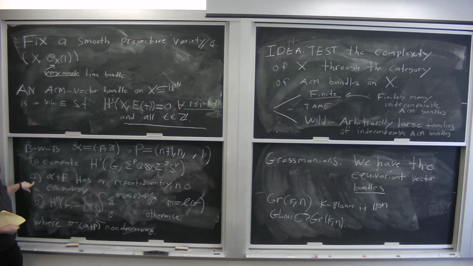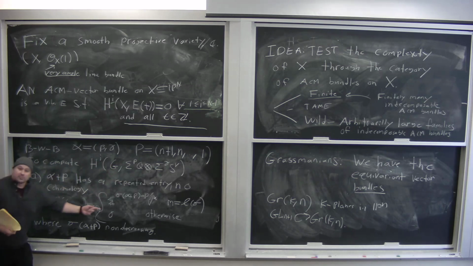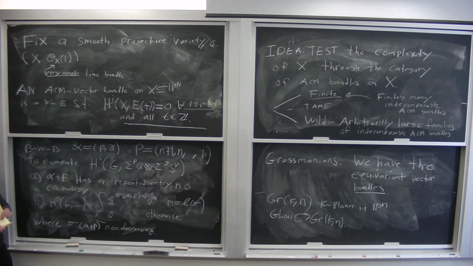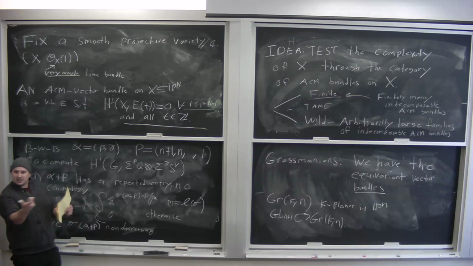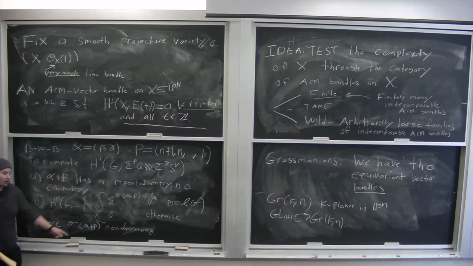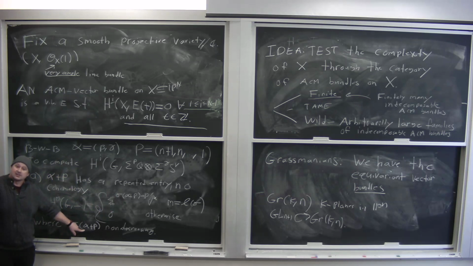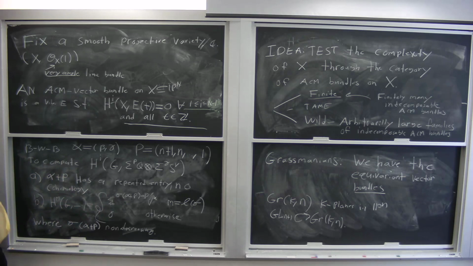Otherwise, the obstruction to doing that is that there is not a repeated entry here, so you have a list of numbers, none of them repeated. So I can move it so it becomes non-decreasing, and that's the bullet operation that you end up using.